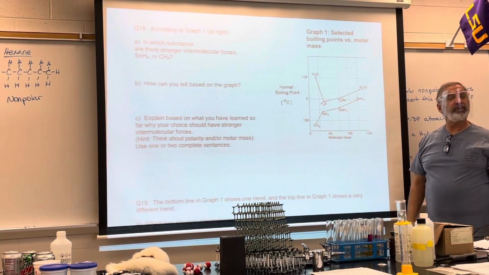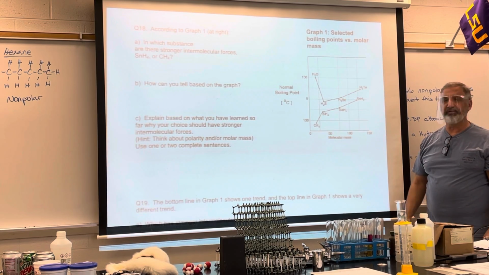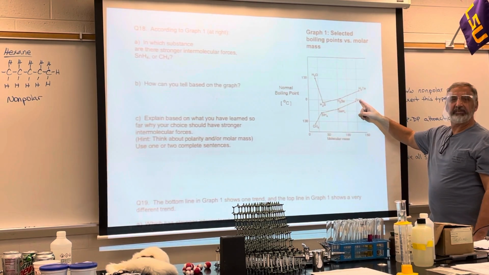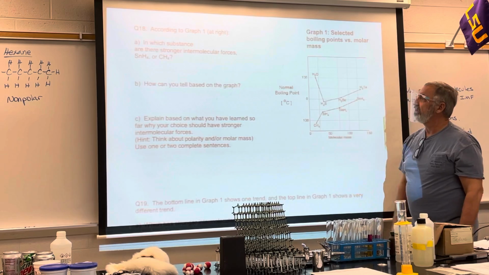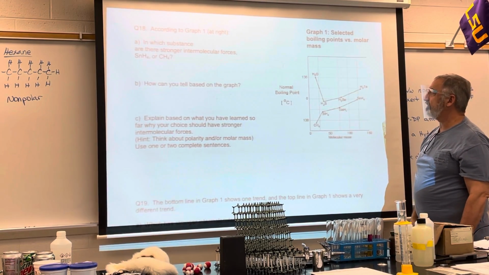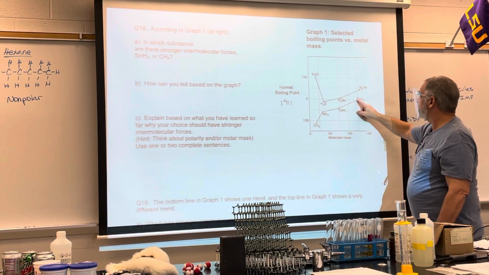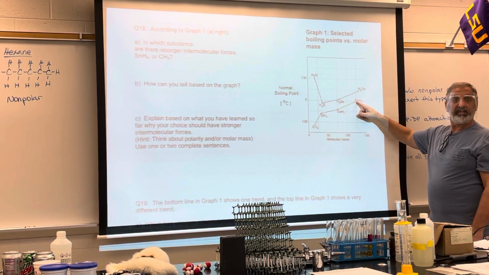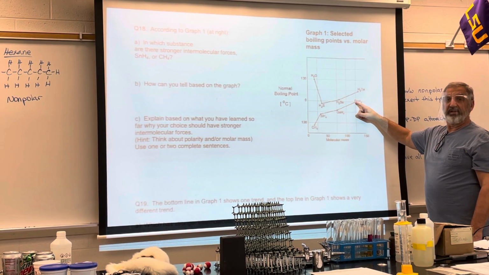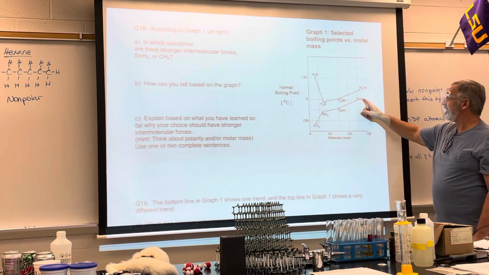Which type of intermolecular force is it for nonpolar molecules? London forces. Increases with molecular mass. Okay? How can you tell based on the graph? Highest boiling point. Explain based on what you have learned so far why your choice should have stronger intermolecular forces. It's going to have greater molar mass, stronger London forces. Okay? Stronger London forces. Greatest molar mass.